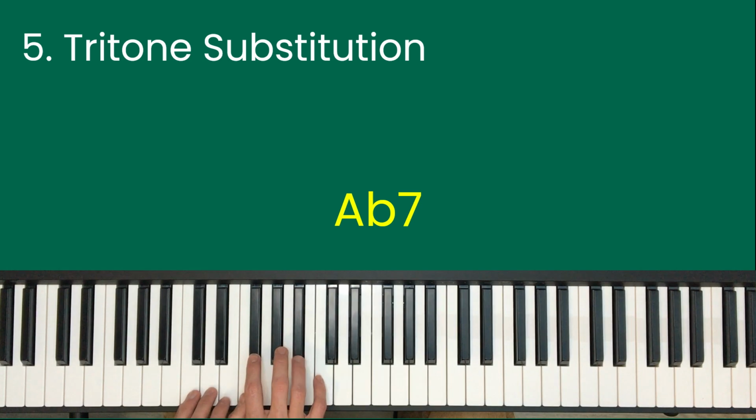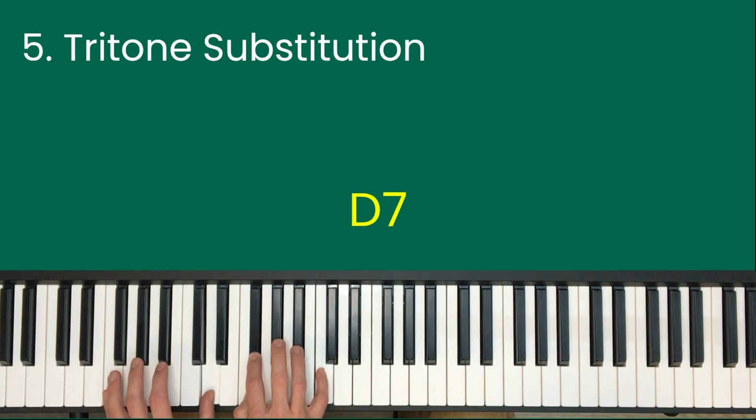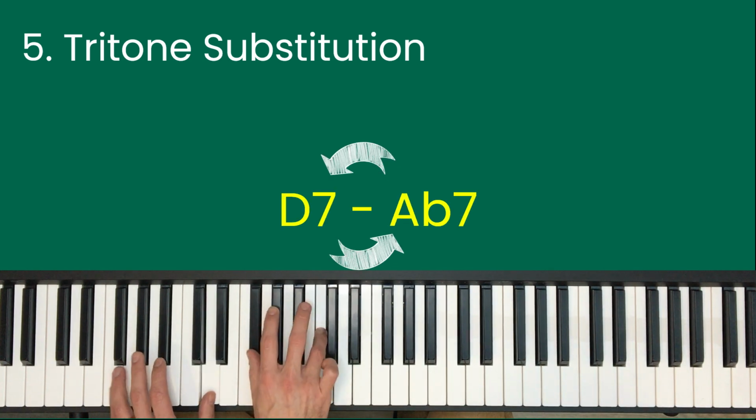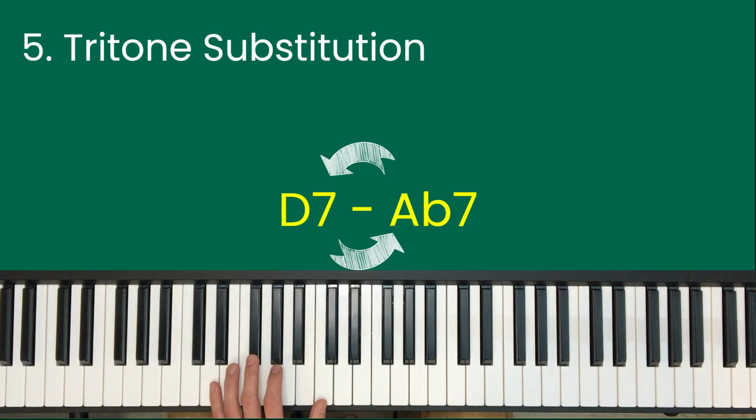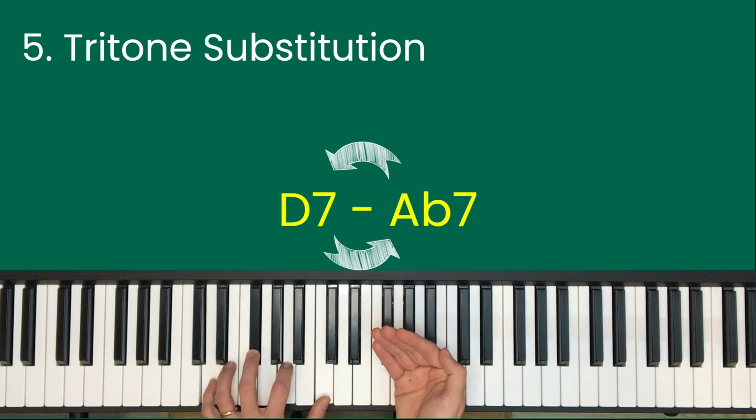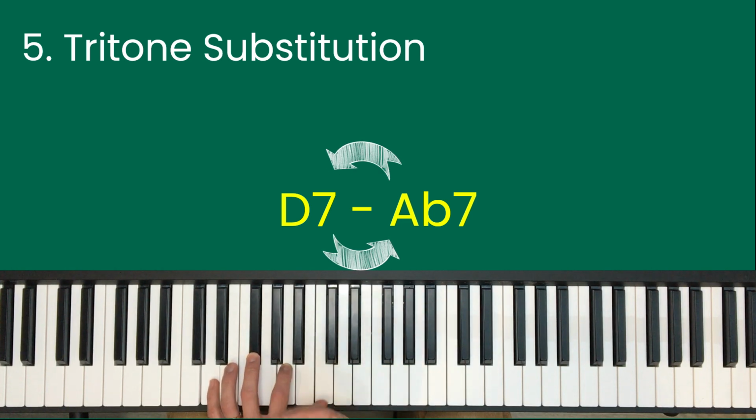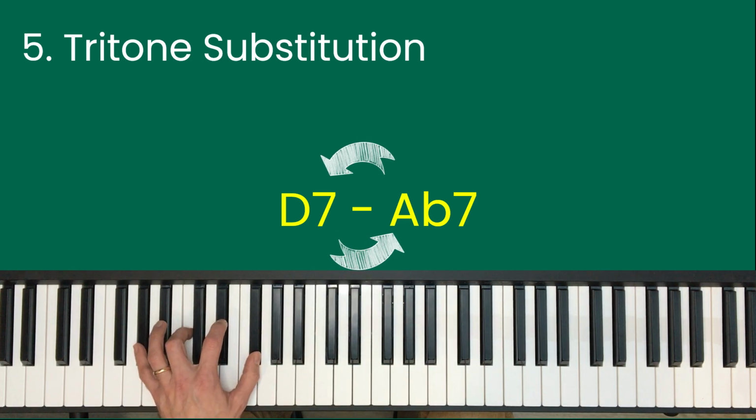Yeah? So F sharp and C was the 3rd and 7th of D, but they are also the 7th and 3rd in A flat. So what we mean by tritone substitution is that you can take a dominant 7th chord and you can substitute it for its tritone, in this case A flat 7.